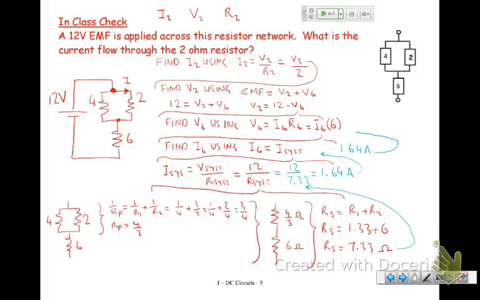And then I go here, and this is going to be times 6, which is 9.82, and this is a voltage, so that's volts. So then I take that to there, and this equals 12 minus 9.82, which equals 2.18.